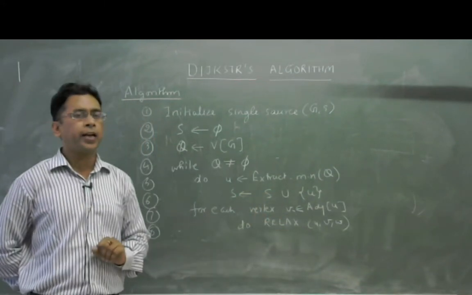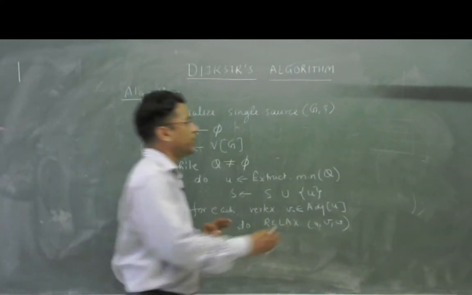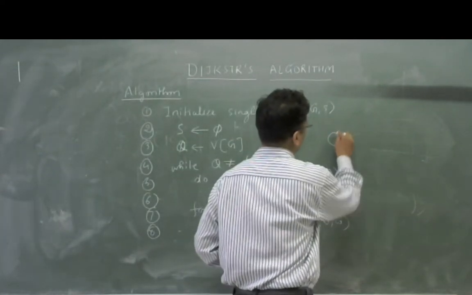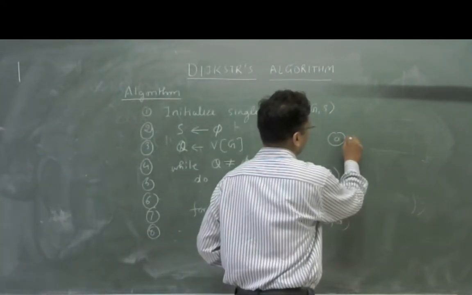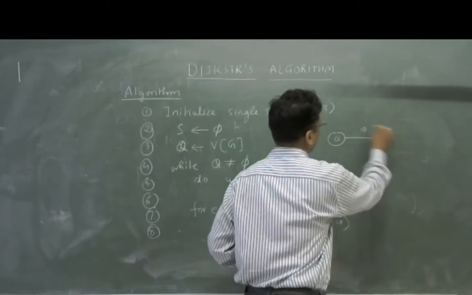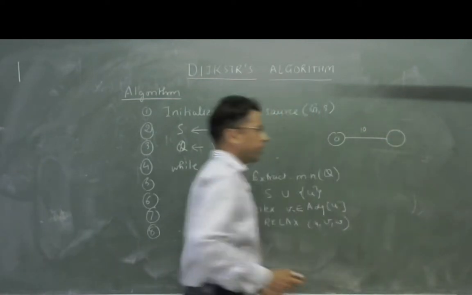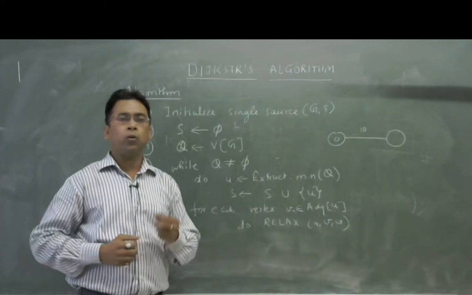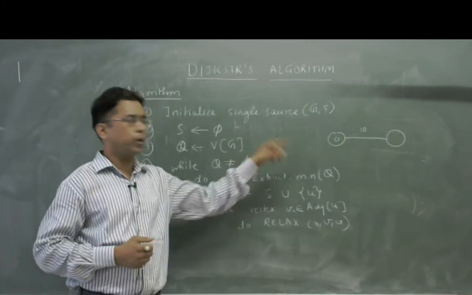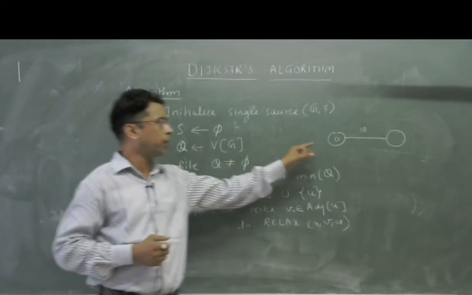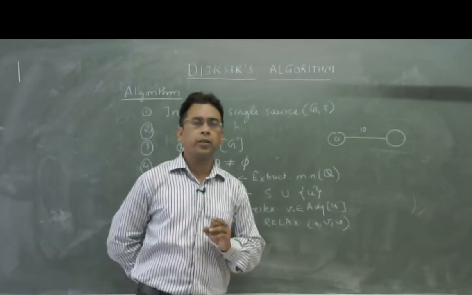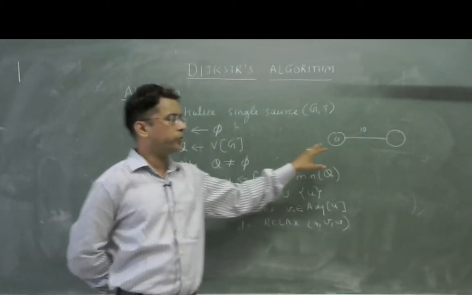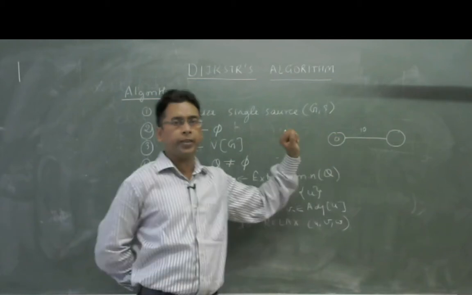In the relax function, you can simply understand that, suppose this node is a start node and a node is at distance 10 from this node. Initially in a graph, only the vertex which has been selected as the start vertex will be at the value 0, and the rest of the nodes will be at value infinity.